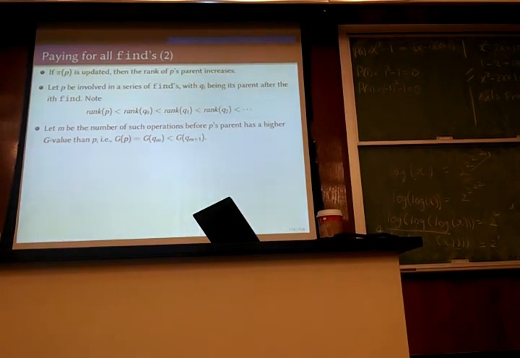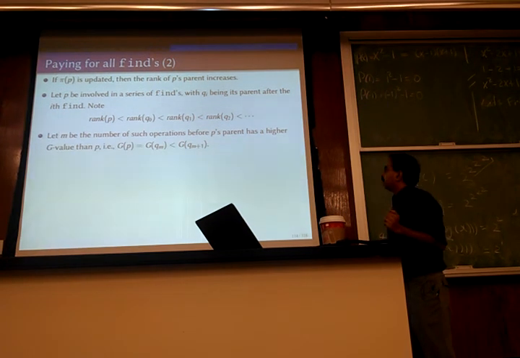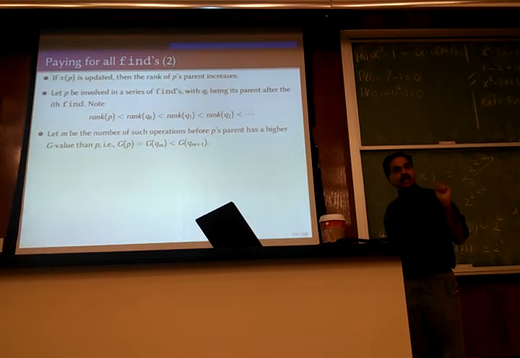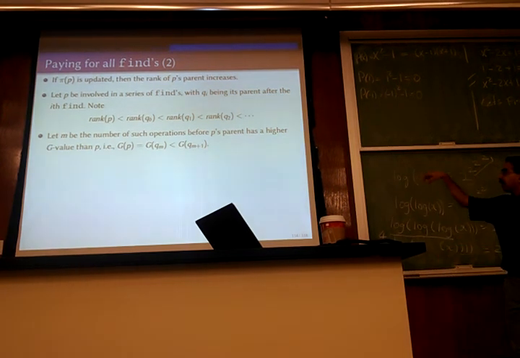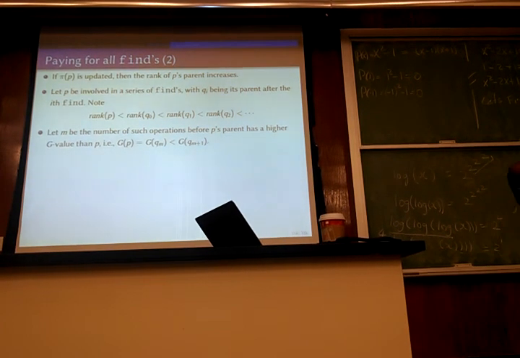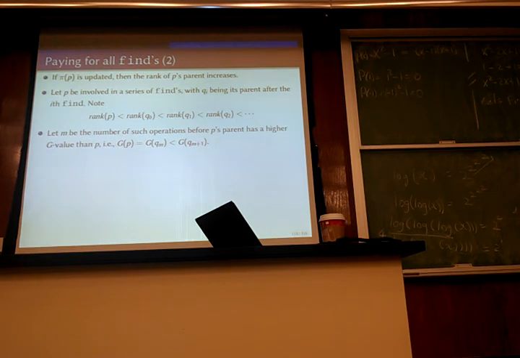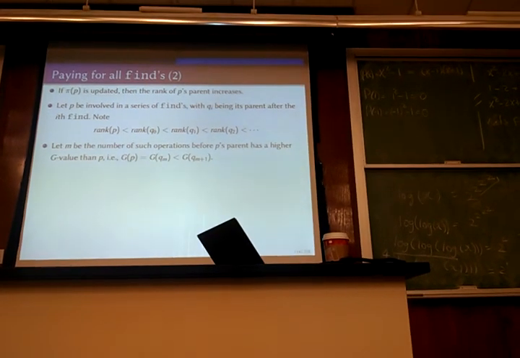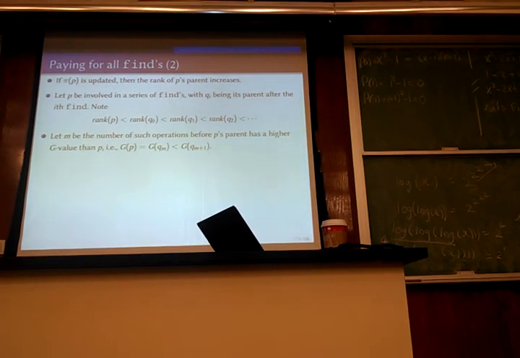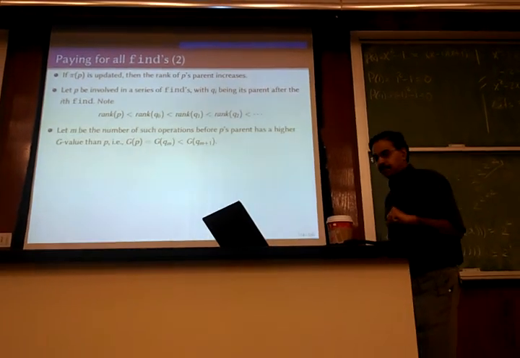So initially when you do a find, P might have become the child of Q0. The next time you do a find, maybe P becomes the child of Q1. And then the next time you call, it becomes a child of Q2 and so on. So the point is that each time this happens, the rank has to increase. So this is a strictly increasing sequence. Okay?